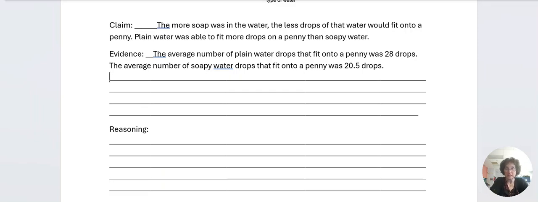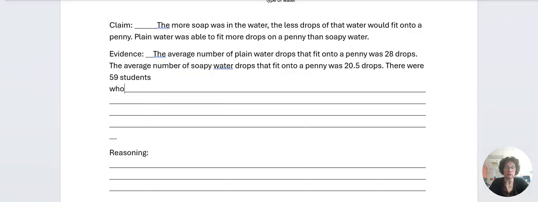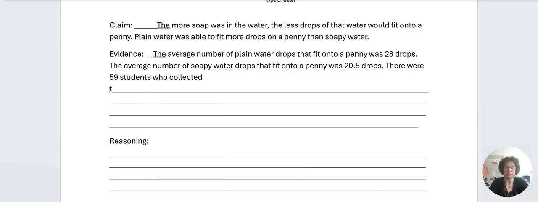Now, if you really want to impress me, what was really significant here, and what I talked about a few minutes ago, was the fact that 59 students did this. The sample size was 59, right? So there were 59 students who collected this data.